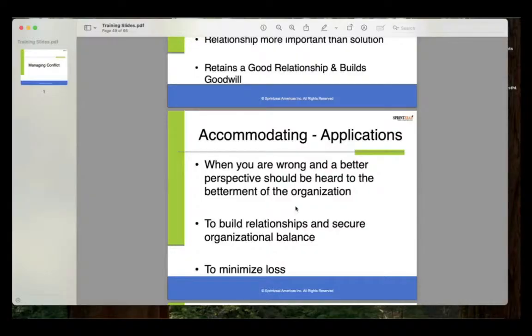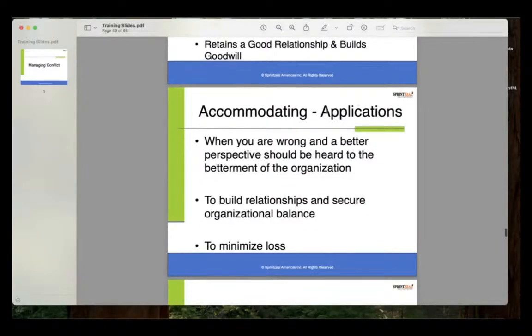Then the next application is to build relationships and secure organizational balance. Since we are accommodating the other party's perspective, we are building a good relationship and goodwill with the organization or with the other interested parties or stakeholders.